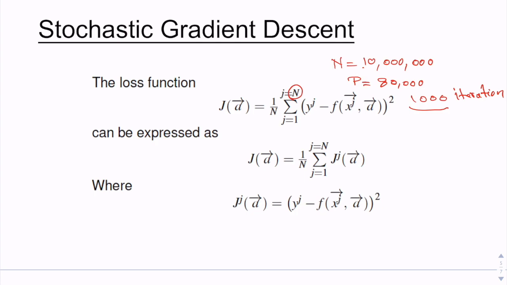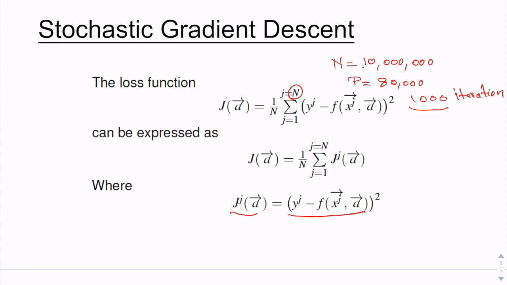To reduce the computational time, there is a technique called stochastic gradient descent. What we first do is define the error or loss function for each sample.